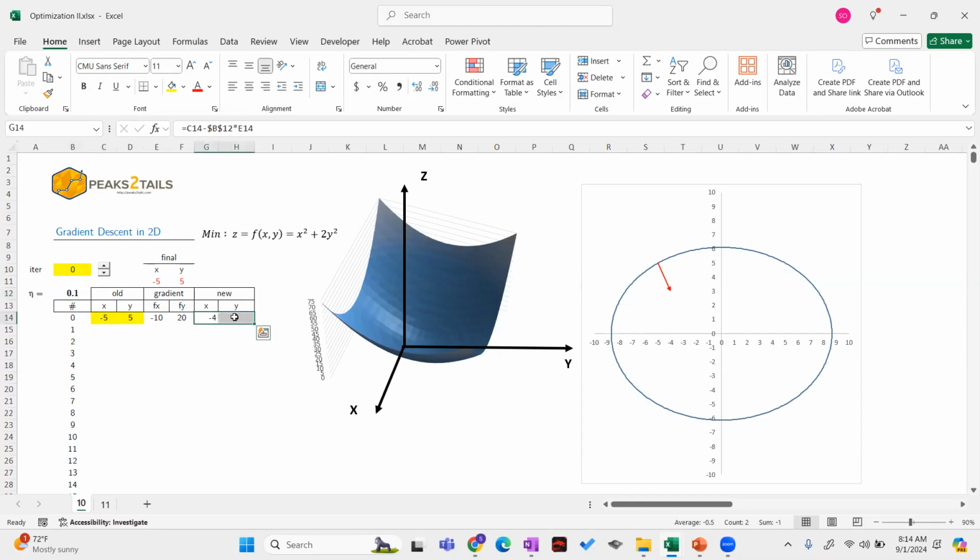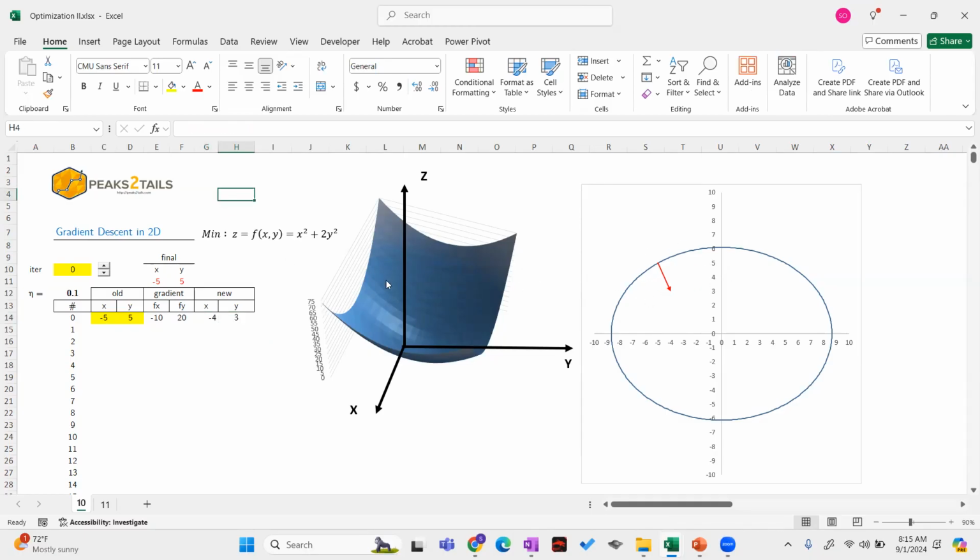New x is minus 5 minus 0.1 times minus 10, old x minus learning rate times fx. It's a vector update. And new y would be old y minus learning rate times fy. So this is my new point. I came from -5, 5 to -4, 3.